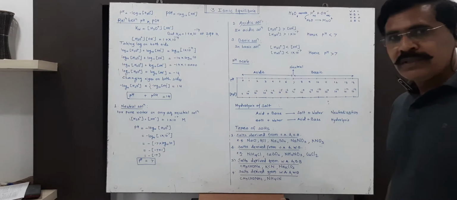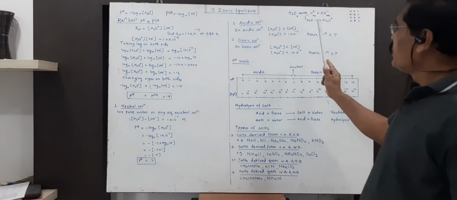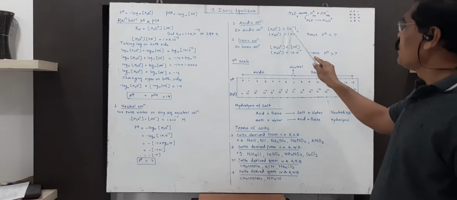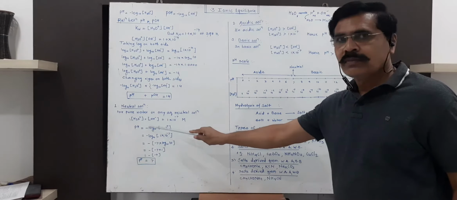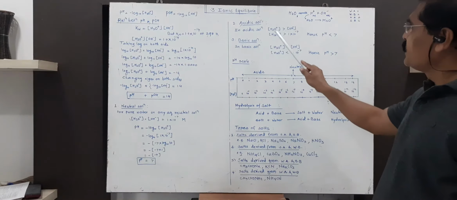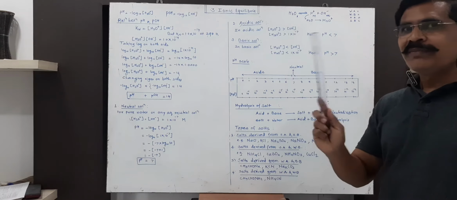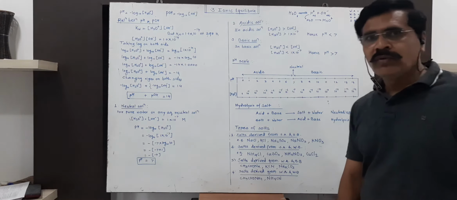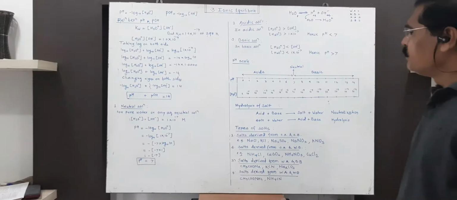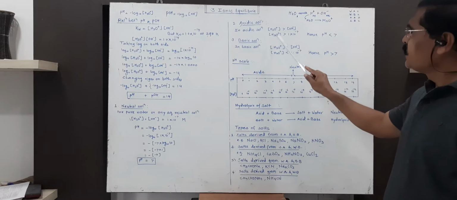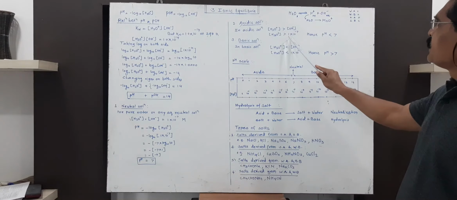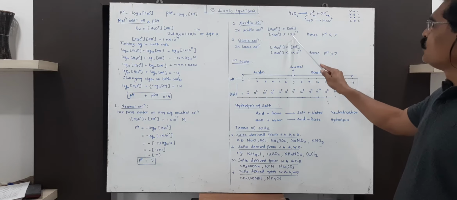What is in case of acidic solution? In case of acidic solution, these concentrations are not equal. If the solution is acid, then the concentration of H3O+ ions is always greater than OH- ions. Means we can say in another way that the concentration of H3O+ is always greater than 1 × 10^-7.